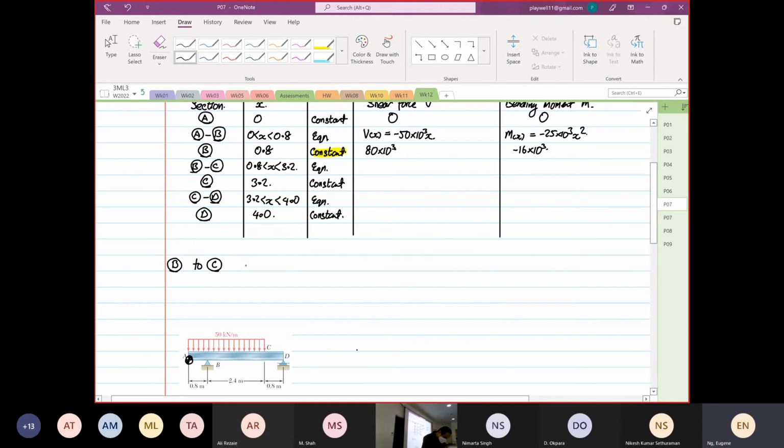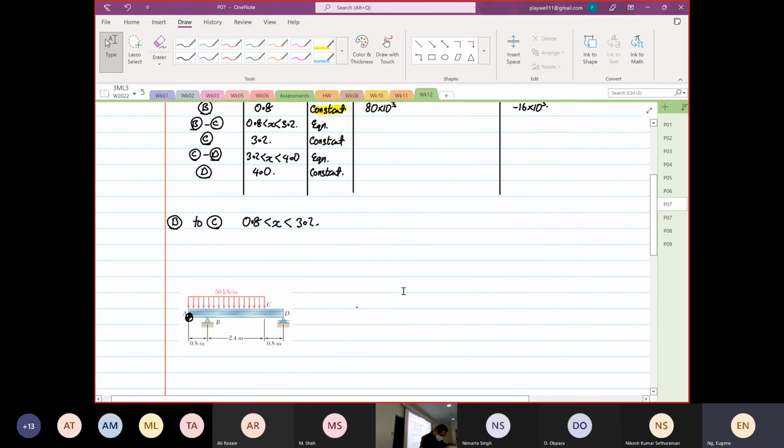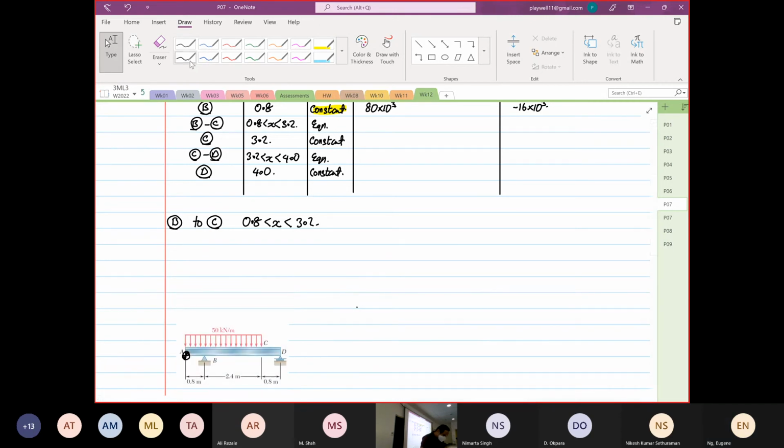So now 0.8 to 3.2 x. So we know that we are going to form an equation. Okay. So this is the diagram. So I'm going to sketch.